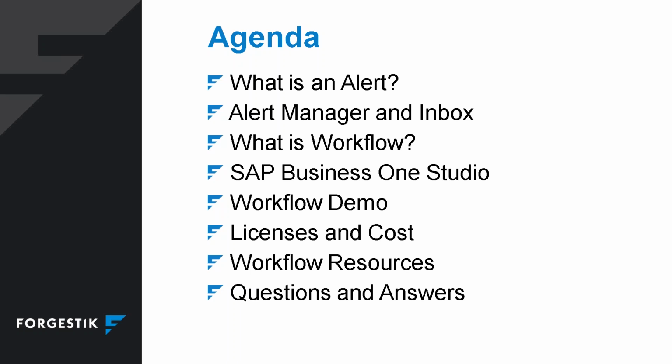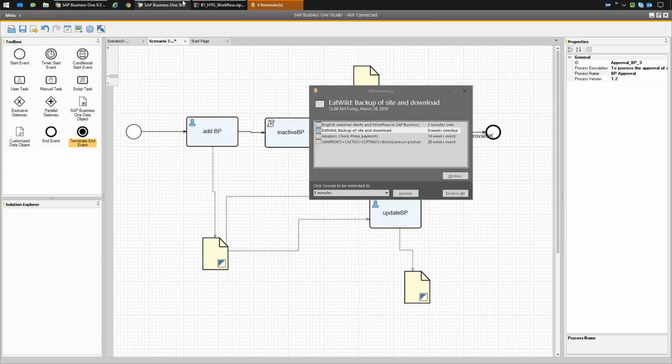So basically, it allows you to manage by exception, and you can set up various scenarios that you don't want to have to actively check every single day, but you can have SAP Business One run those queries to alert you if any of those scenarios come up. So let's take a look.